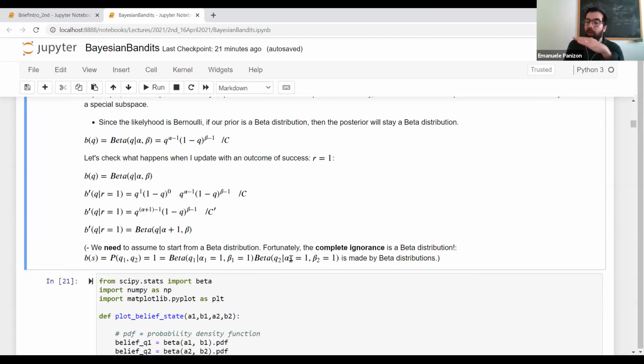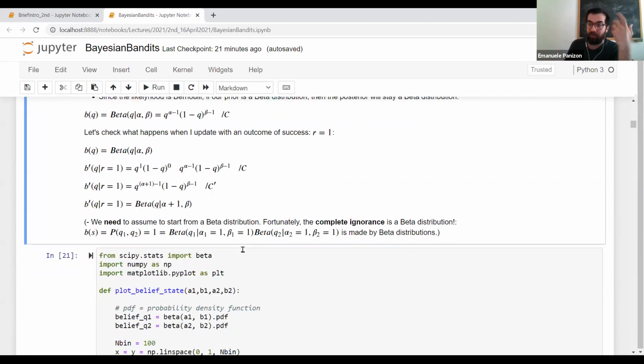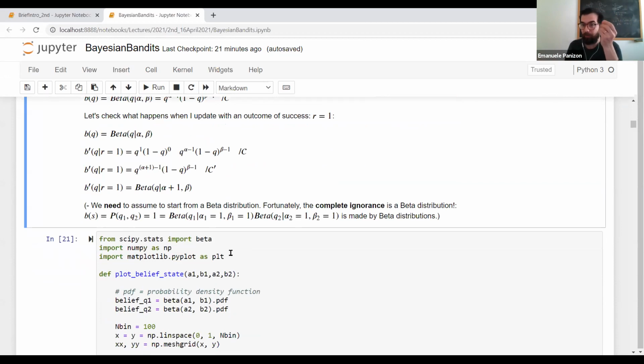Whenever from now on we assume, and this is an important fact, that before having any outcome I could be anywhere in the space of states, this is mathematically captured in the fact that my zero belief, the starting probability of being in a state, is 1 everywhere.